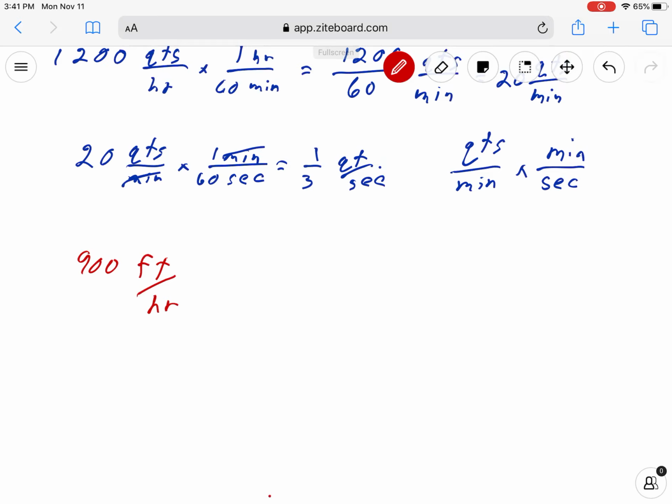Okay, and we want to know how many centimeters per second this is.